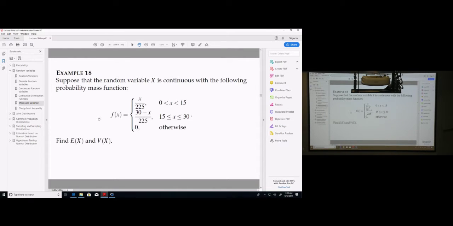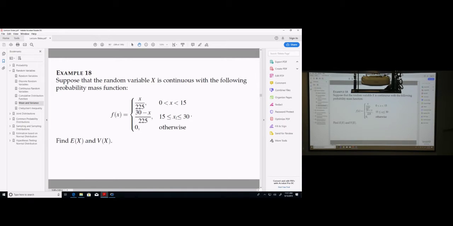Now this example is basically a continuous example, all right? So you have to watch out that this definition, the density curve, has 3 formulas depending on these 3 intervals. So one is taking this expression, x over 225, when x is between 0 and 15, and then the other is this.